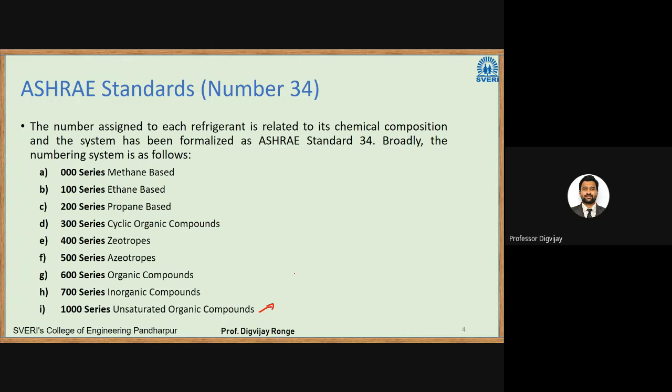Saturated means CH4, or if I take C2H6, this is written in this format: C2, then hydrogen, hydrogen, hydrogen, hydrogen, hydrogen, and hydrogen. So this is the chemical diagram of C2H6, that is ethane.